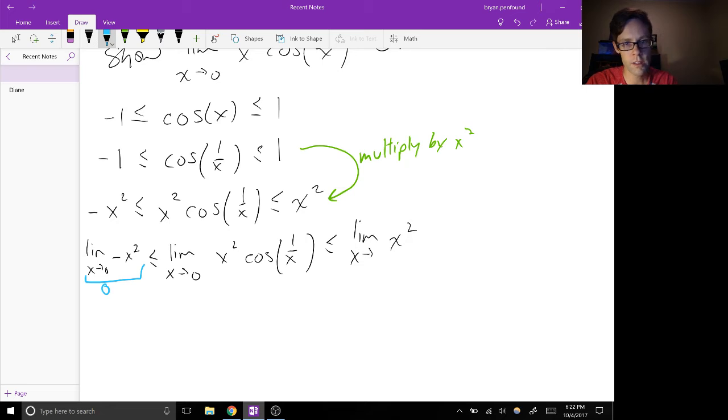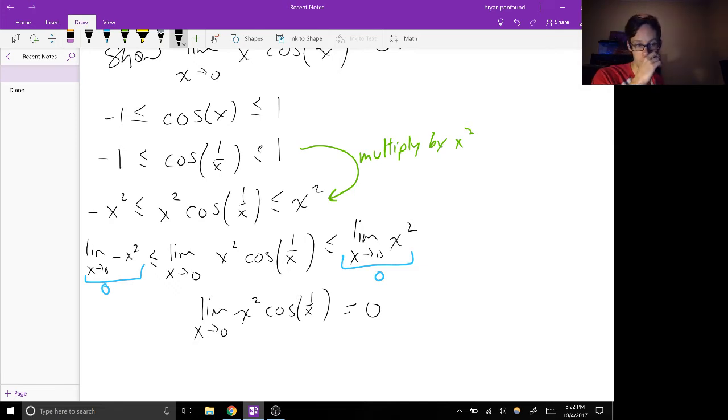That's just a nice continuous parabola, so if I substitute x equals 0, I will get 0. So the limit of our function must be equal to 0 as I get really close to 0, because from above I'm getting squeezed to 0, and from below I'm also getting squeezed to 0.